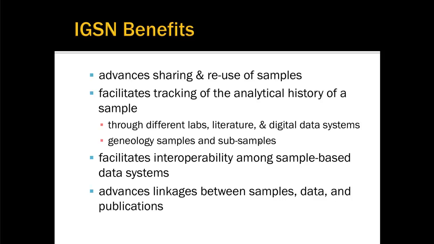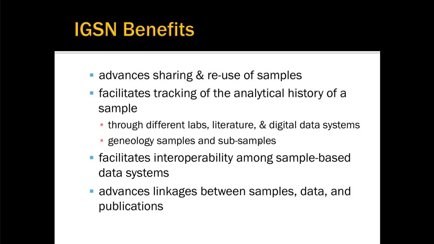It will be possible to track moving samples through labs, keeping the IGSN in data tables or together with the data in publications or in databases will allow searches across the literature, searches across databases to find data and link the data.